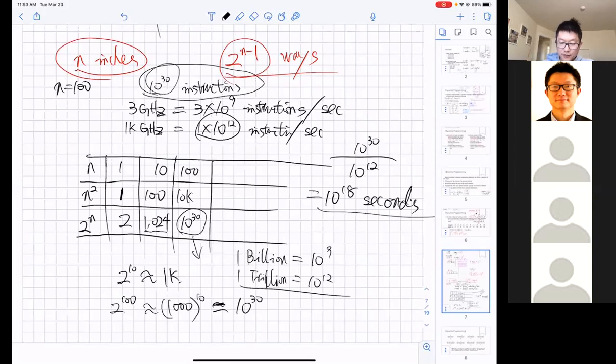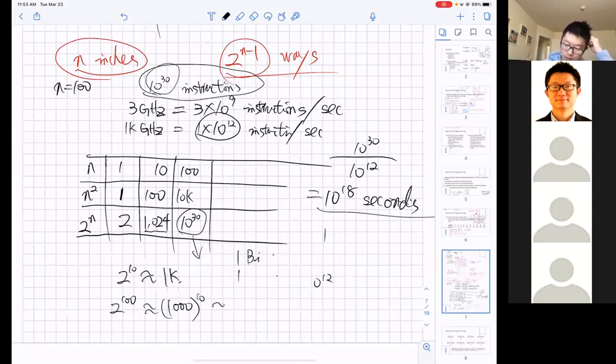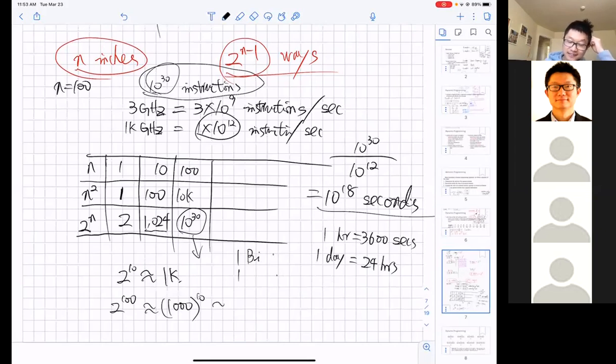Let me give you some rough estimate. 1 hour equals 3600 seconds, and 1 day is 24 hours, correct? So this is like 24 times 3600 seconds.